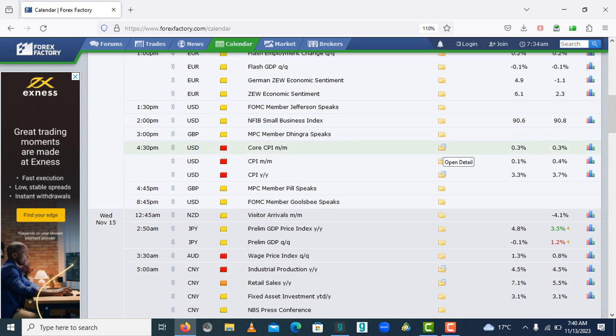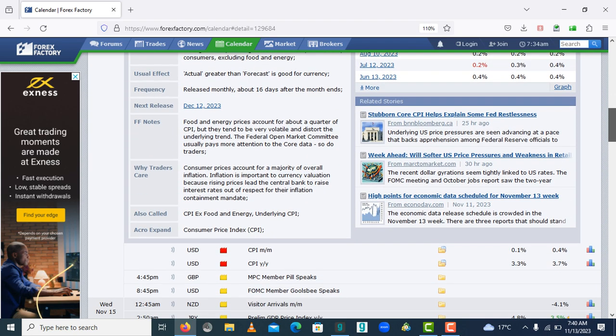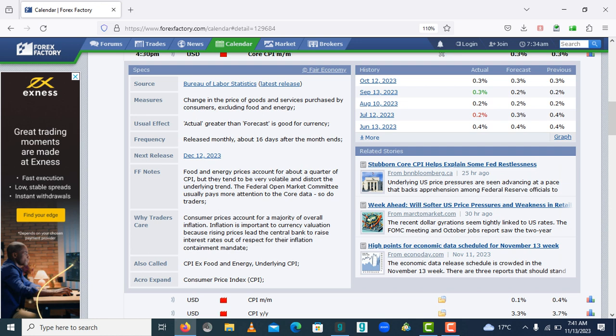You click on this part to open details. The first thing that you should check is how the currency will be affected by either a higher value or a lower value as compared to the forecast.